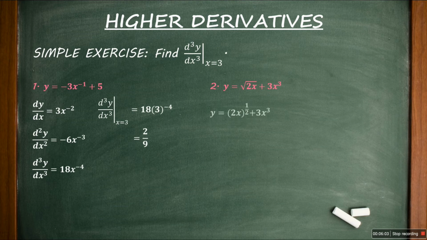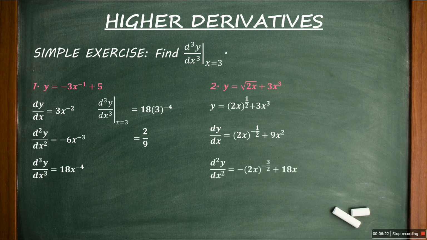And for the second question, y equal to 2 square root of x plus 3x cubed. Okay, first we have to simplify the equation, and we will get 2x to the power of 1 over 2 plus 3x cubed. The first derivative we will get x to the power of negative 1 over 2 plus 9x squared. And the second derivative we will get negative 1 over 2 x to the power of negative 3 over 2 plus 18x.